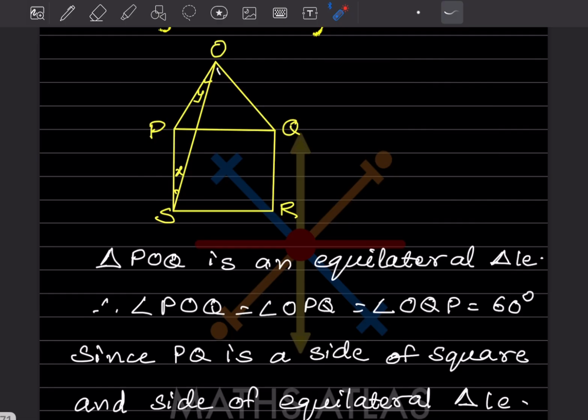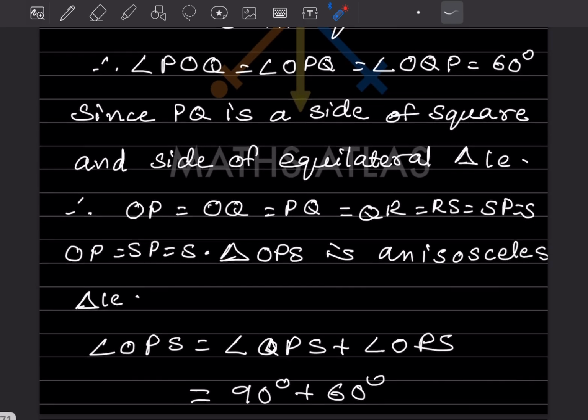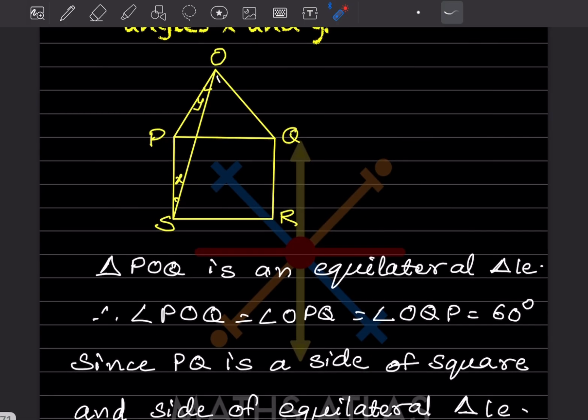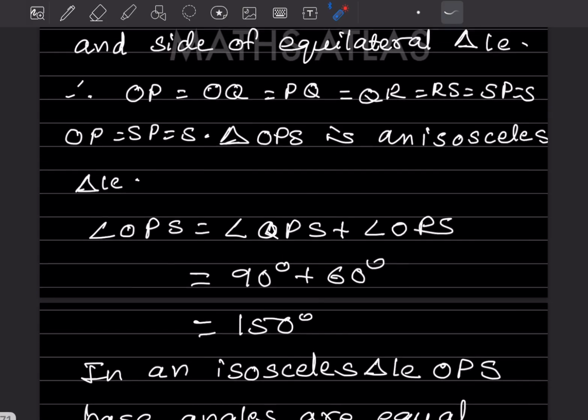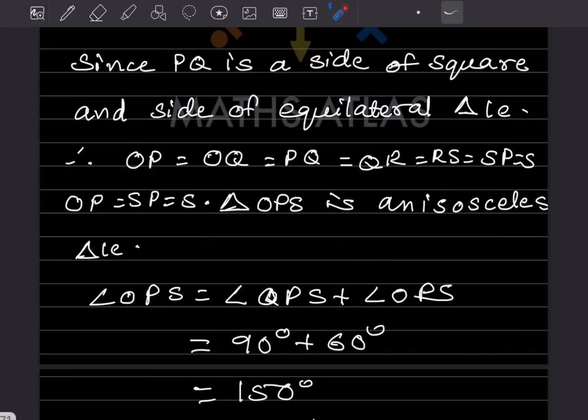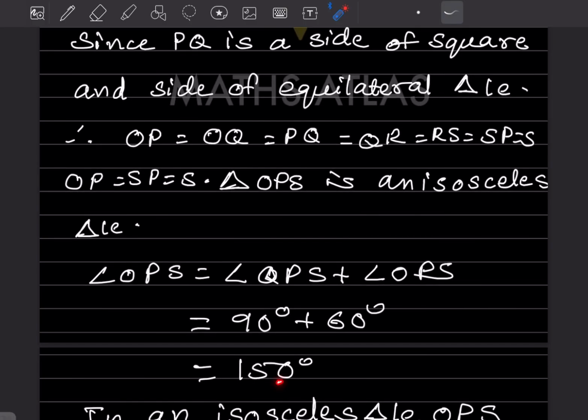So now here you can see this QPS, because it's a square, is going to be 90 degree. And then OPQ is going to be 60 degree. So that will be 150 degree.